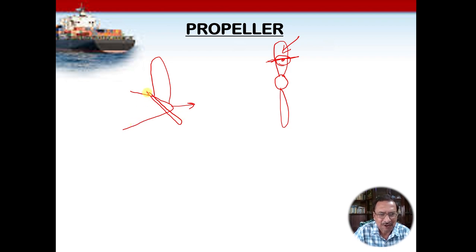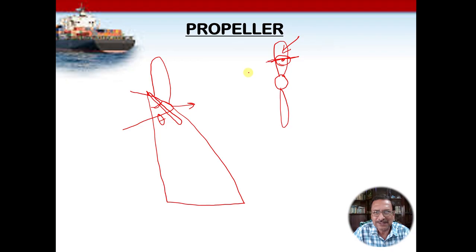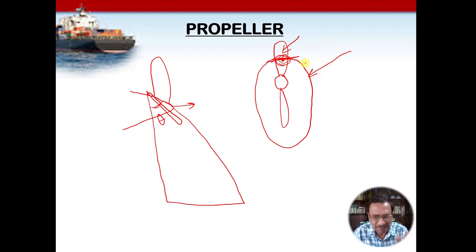Now let us draw a triangle. So this angle at the top, theta, would be the twist angle. Now let us consider this point, and when the propeller makes one rotation, this is the distance that this reference point would cover.